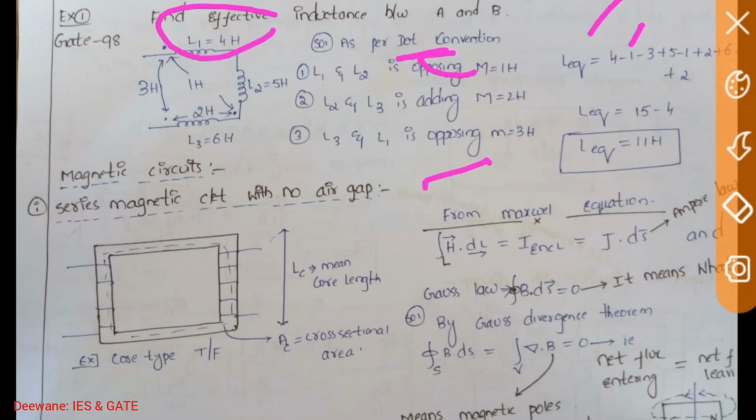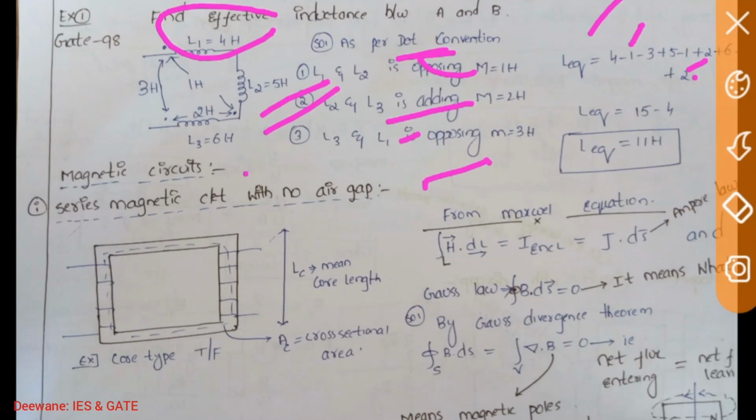Then mutual inductance between L1 and L2 is negative, minus 1. Mutual inductance between L1 and L3 is negative, minus 3. Then I took 5 Henry, plus 5. L2 and L1 is minus 1. Mutual inductance between L2 and L3 is adding, positive, so I kept plus 2. Same for L3, 6 Henry. L3 L1 is minus 3, L3 L2 is positive plus 2.